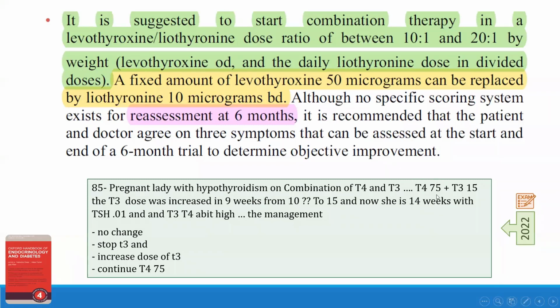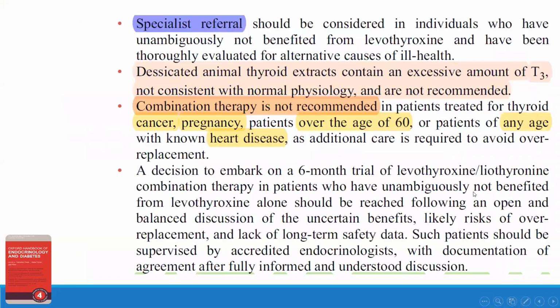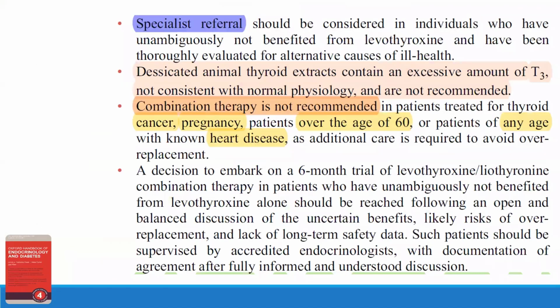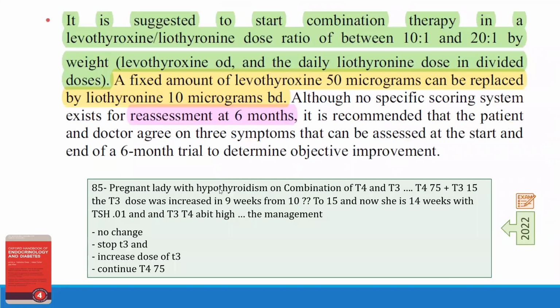The T4 dosage is 75, T3 is 15, like this one, levothyroxine 75. It contains 75 levothyroxine and 15 microgram liothyronine. The T3 dose was increased in the 9th week from 10 to 15, and now she is 14 weeks with TSH low, T3 and T4 a bit high.